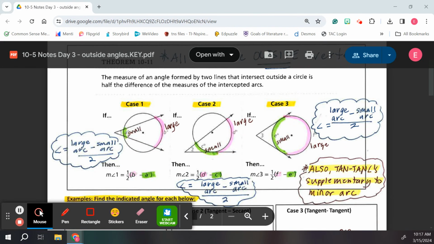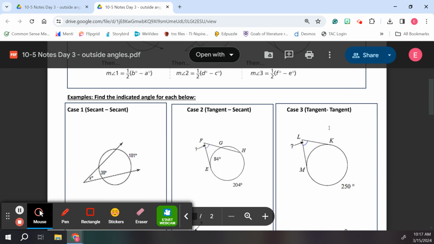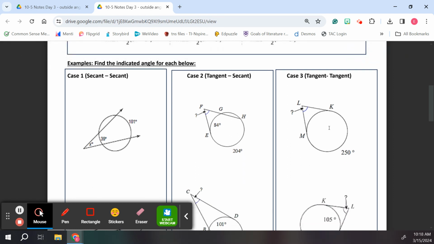Okay. Let's move on to the example. If we take a look here, we have two secant lines.